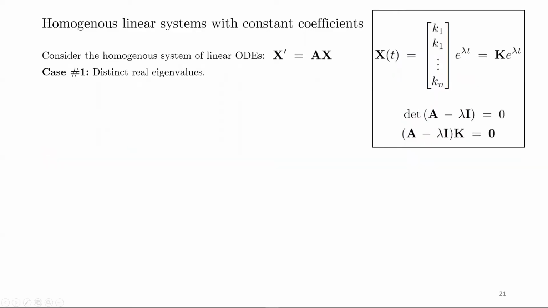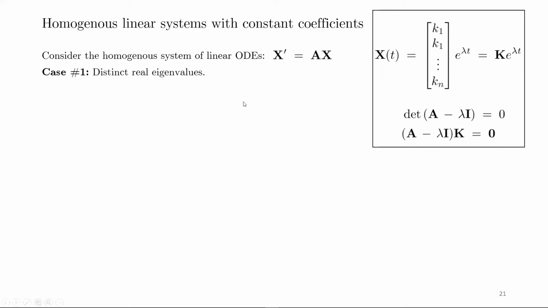So just to summarize here, we have a system of n linear first-order ODEs with coefficient matrix A. We have to calculate the eigenvalues of A by solving the determinant of A minus lambda I equals 0. Then once we have the eigenvalues, we're going to calculate the eigenvectors, k, using this second equation. Again, we're going to have three distinct cases.